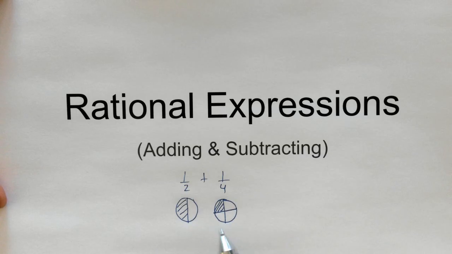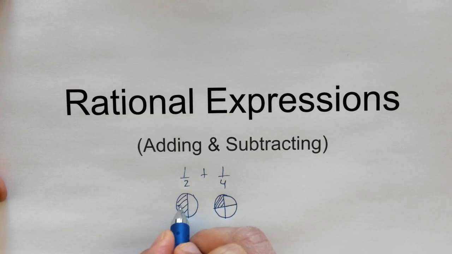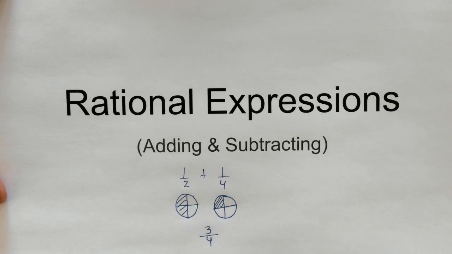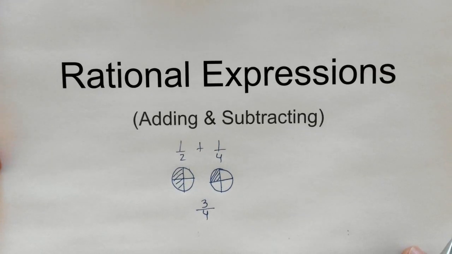We can't add both pieces and say we have two pieces because they're not the same size, right? We have to cut this one into the same number of pieces. If they both have 4 pieces, then we can say we have 1, 2, 3 out of 4 pieces, right?